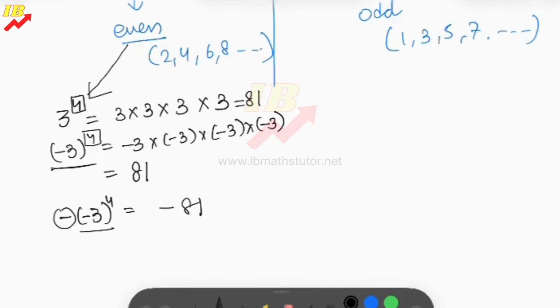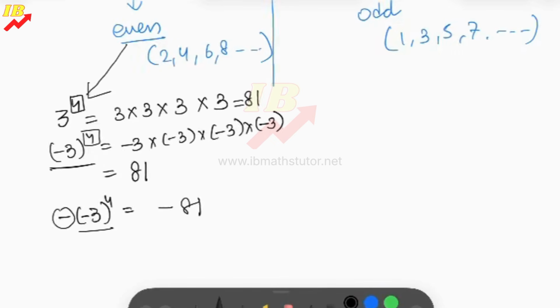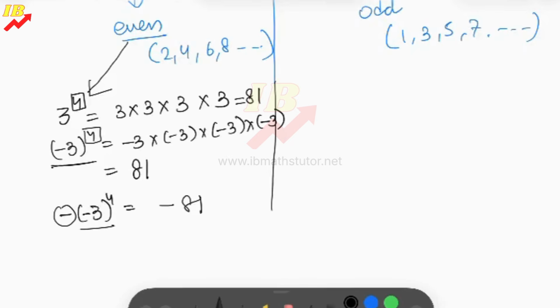Let's take some examples for the odd powers as well. Suppose I'm taking minus 2 to the power 5. Not a negative power here, the negative should be in the base. If I'm taking it like this, that means minus 2 is occurring 5 times.